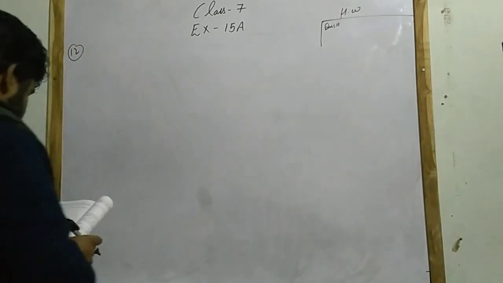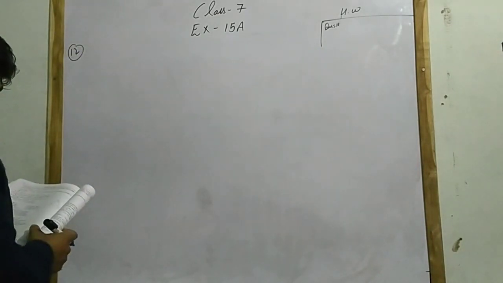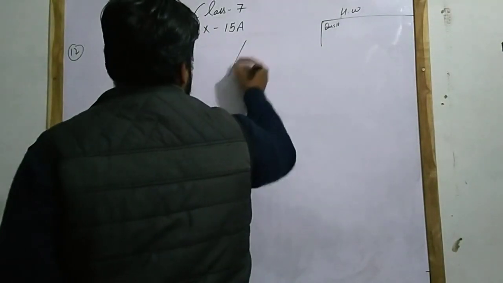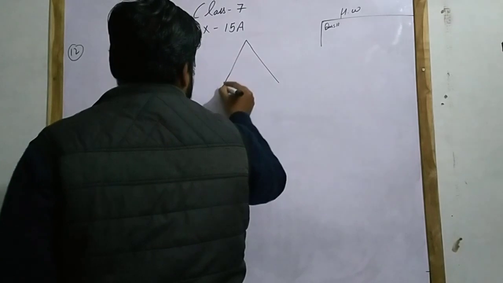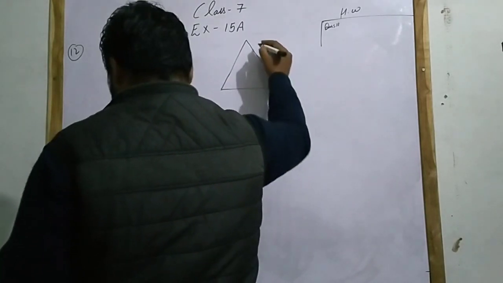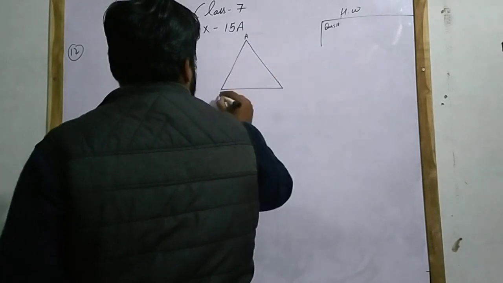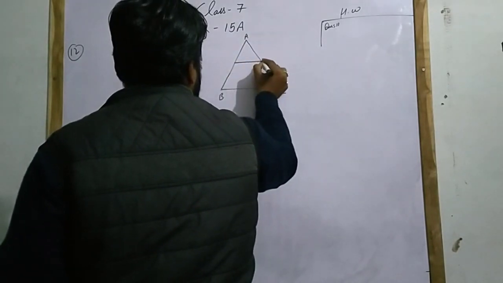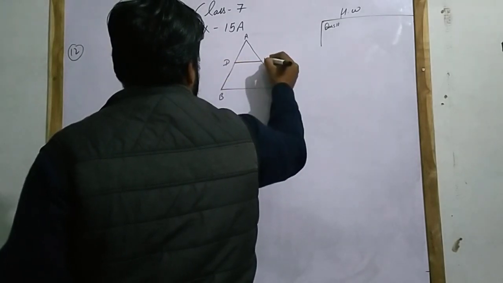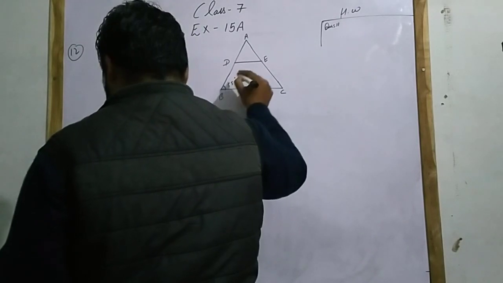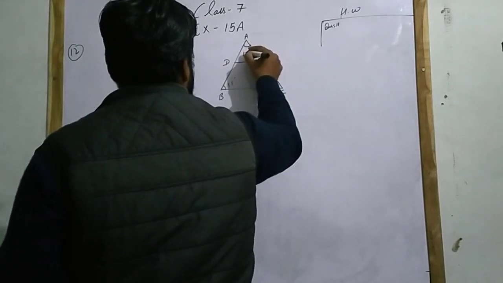Question number 12. In the given figure, this is your figure in question number 12. A, B, C, and this is your D and E. 55 degree, 65 degree.